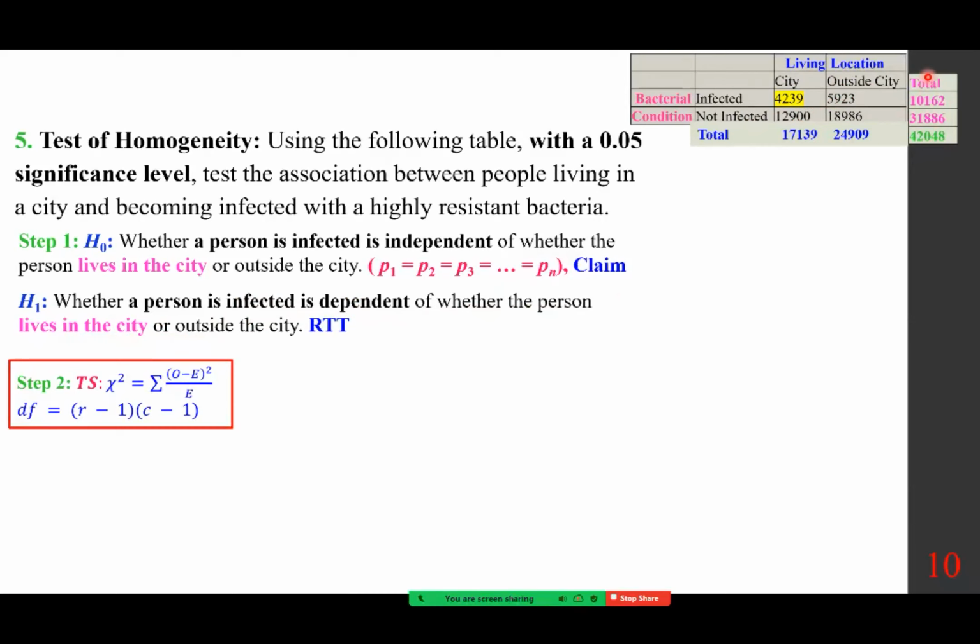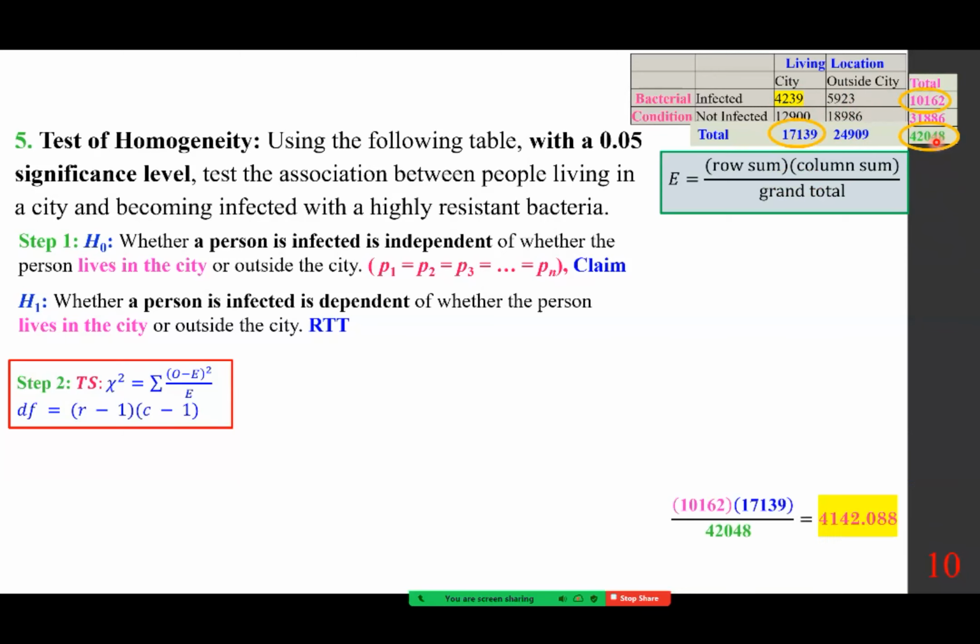That means these four numbers give you the green one. And so E is that. And again, as an example, if I want to do it for this one, I'm going to multiply these two numbers and divide it by the grand total. So if I can do one, I can do all.